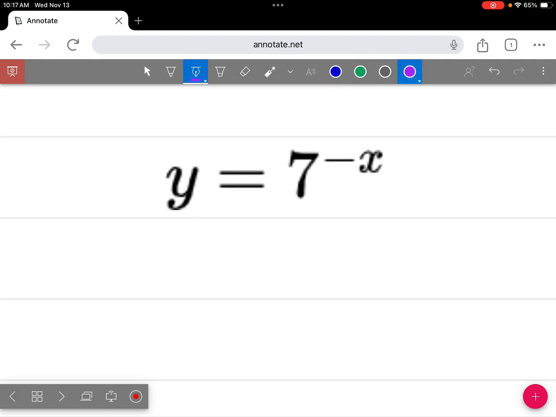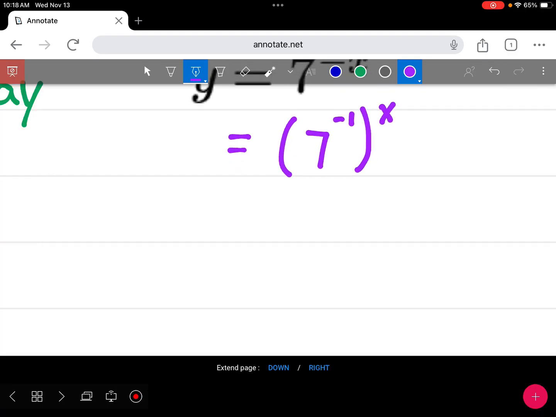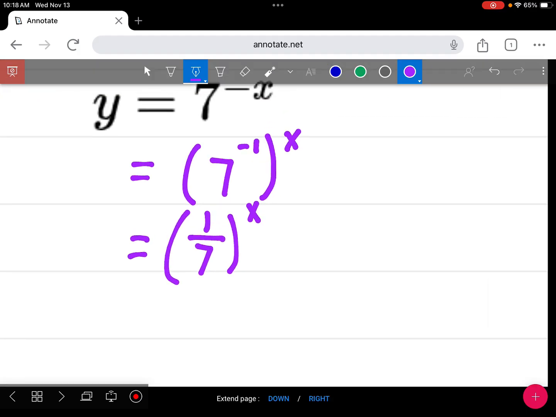Pulling out some old school exponent rules, I was going to rewrite this as 7 to the power of -1 to the x, because -1 times x is the same thing as minus x. 7 to the power of -1 is 1/7. This is the same thing as 1/7 to the x. So this is decay. Old school exponent laws are going to come back into play.